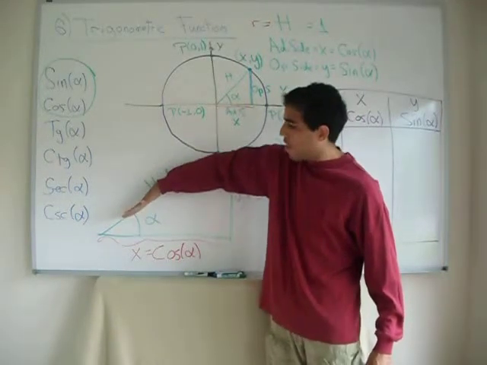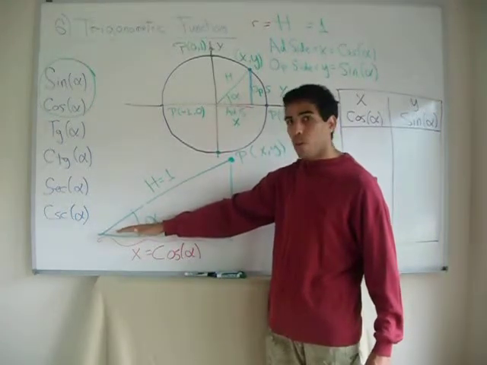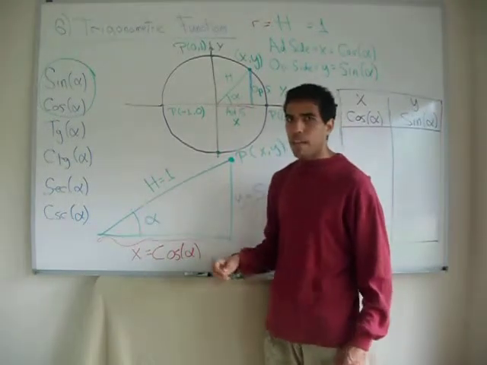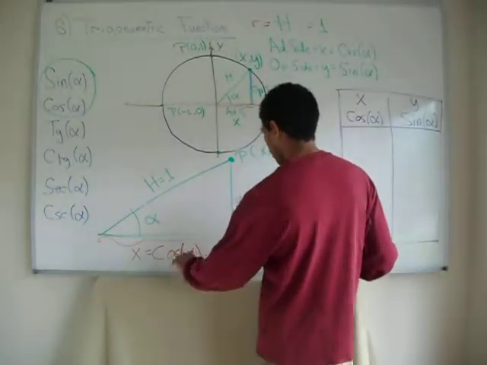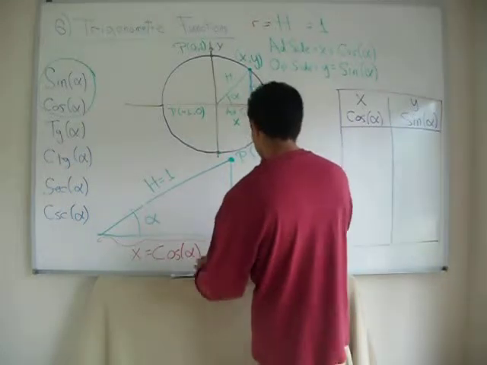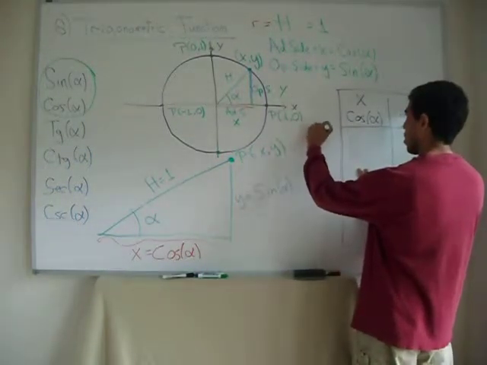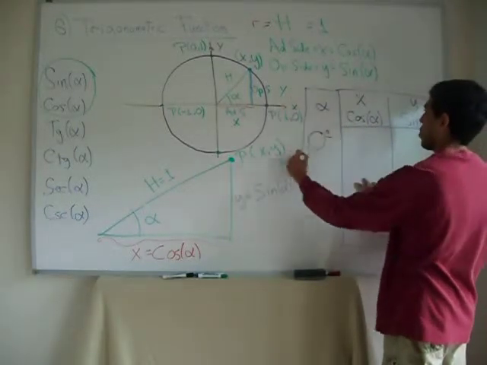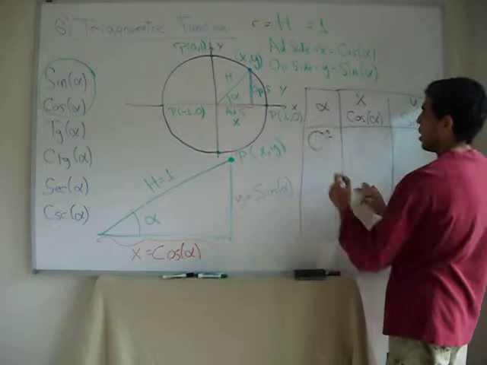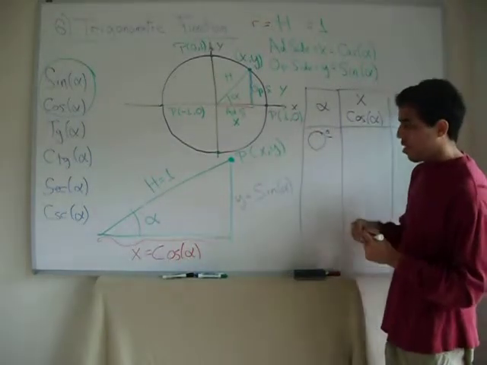Okay, if h is all the way here, there is no angle. Alpha is 0. Okay, so if alpha is 0, and we're going to write that right here. This is alpha. If alpha is 0.